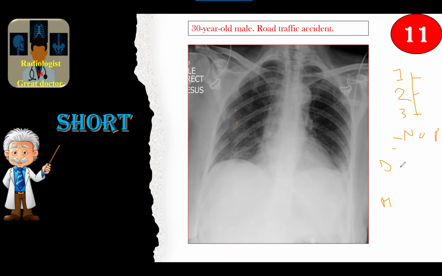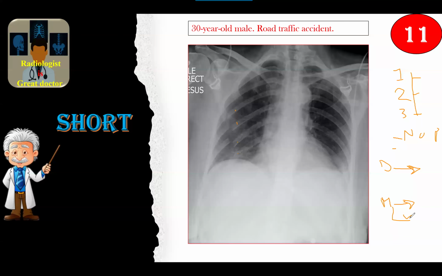Very good. It's multiple rib fractures, raising the possibility of flail chest. But I'm not sure. The management here, urgent CT scan of the thorax to rule out a flail chest and pneumomediastinum. This will be enough.